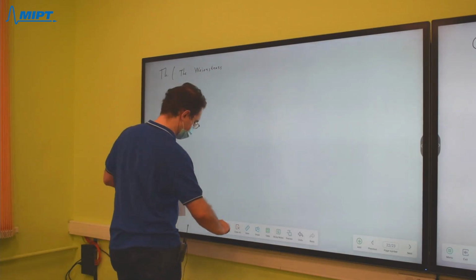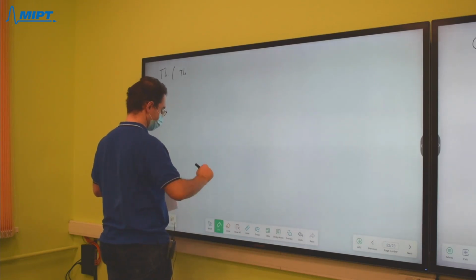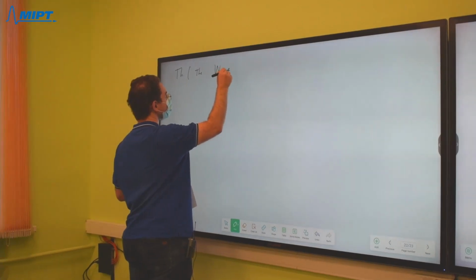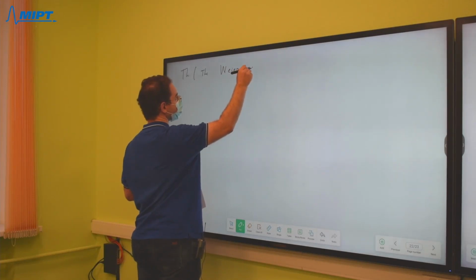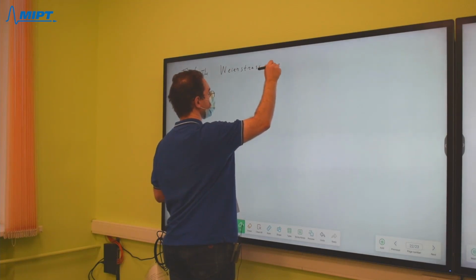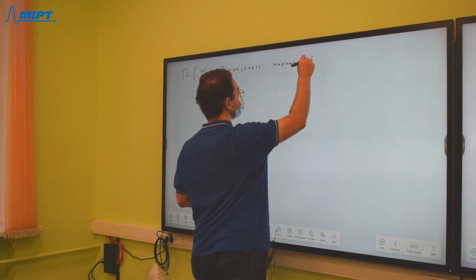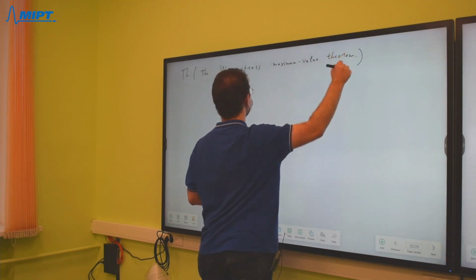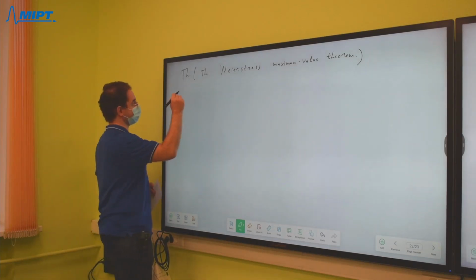Weierstrass. I should probably write it cleaner. Weierstrass maximum value theorem. It has two parts.